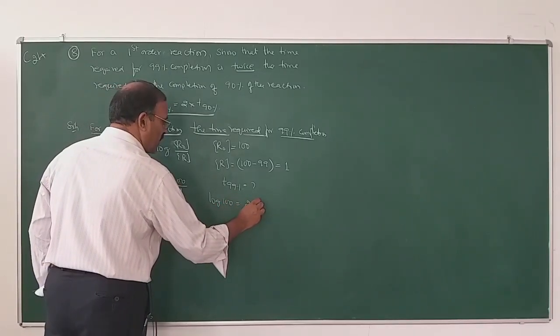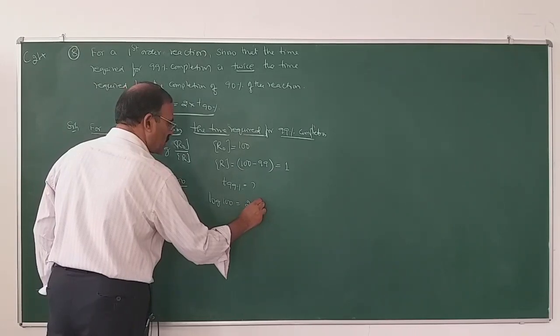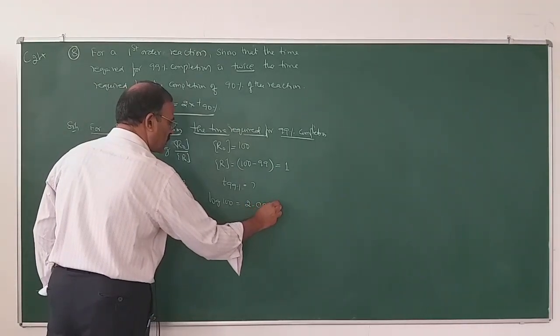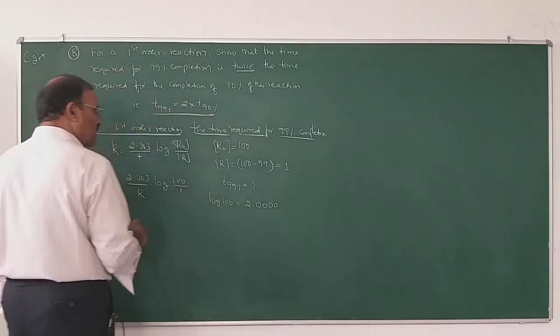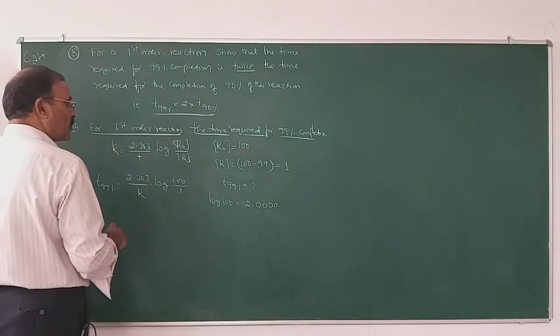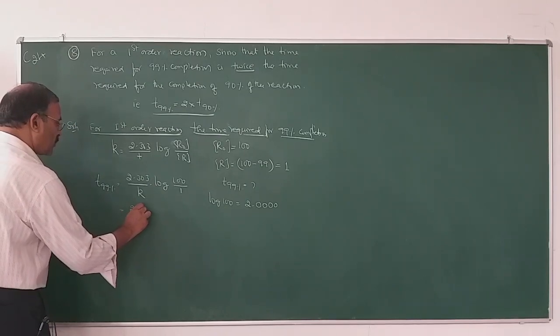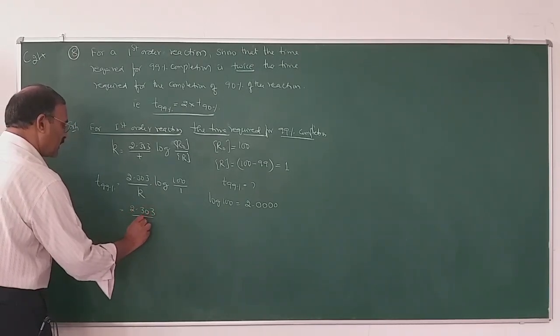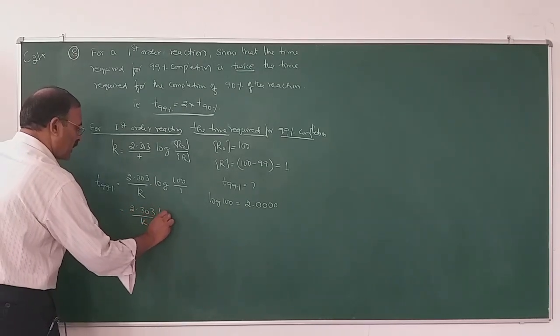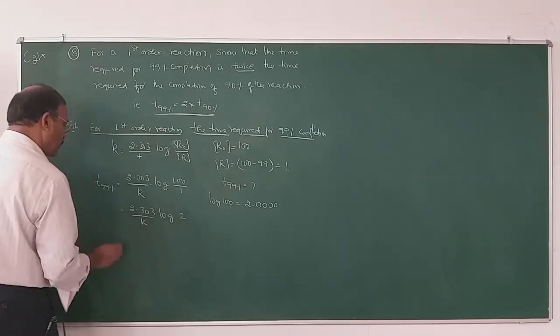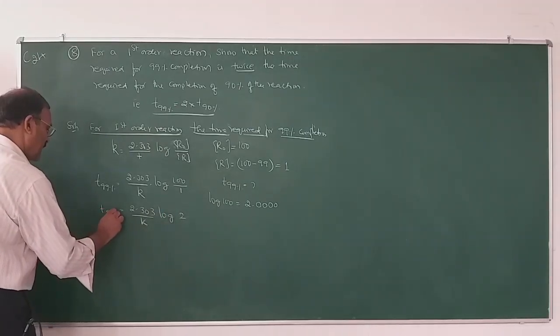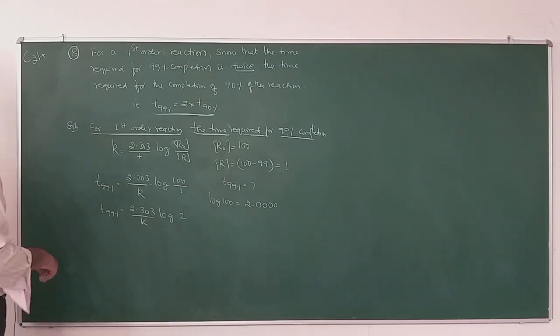If you look at the value of logarithm for 10, the mantissa is 0.0000. So the value is log of 100 equals 2.0000. So this is equal to 2.303 divided by K into log 2. So this is T 99%.